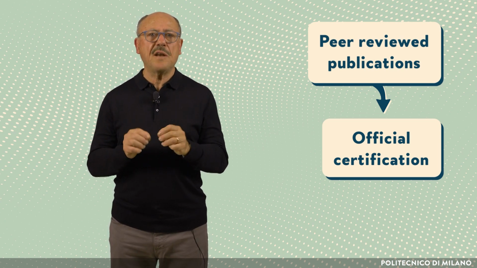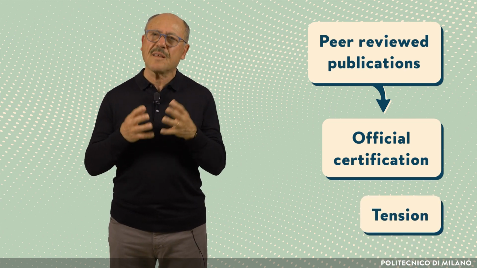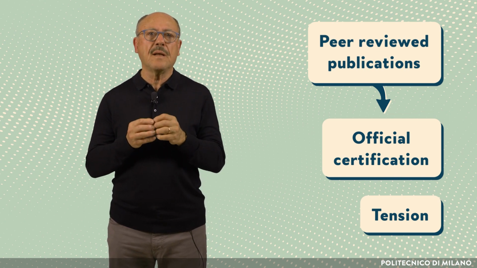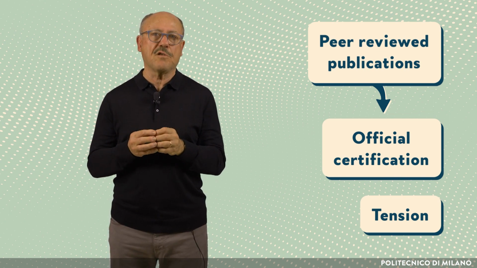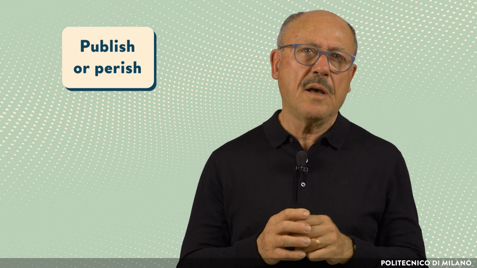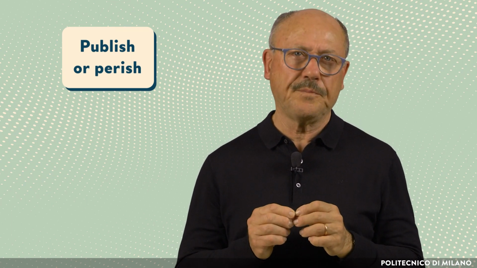This use has generated in researchers a tension towards publication that sometimes goes beyond the natural and legitimate aspiration to disclose research results. Publish or perish is a phrase that is often used. It was coined to describe this pressure on researchers.